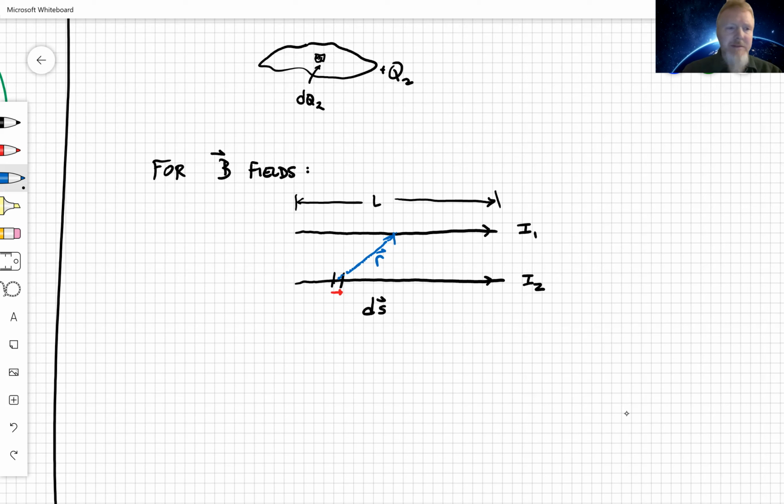Okay, well, all right, can you see its vector pointed that way? Like that. Okay, so r is going to change its value. It's going to change its magnitude and direction as we take it along different points of I1.